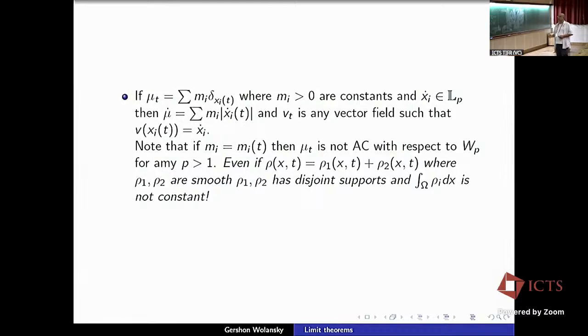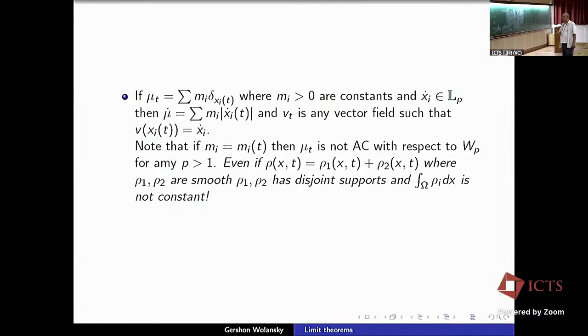And the intuitive reason is because when you see something like this, you understand that something is going at infinite speed between one point to another, or one cluster to another. So we don't have a velocity field which is bounded in this norm, but we can have it in P equal 1.